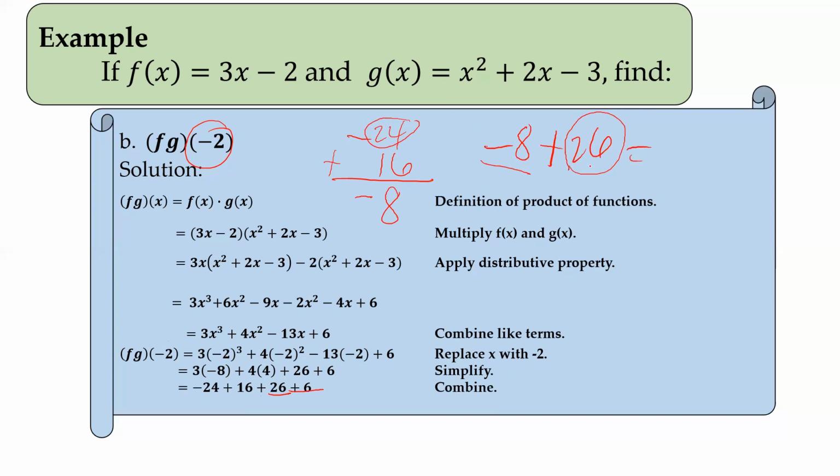And then 26 is positive. Therefore, the answer is positive. So, 26 minus 8 would give us positive 18... 14?